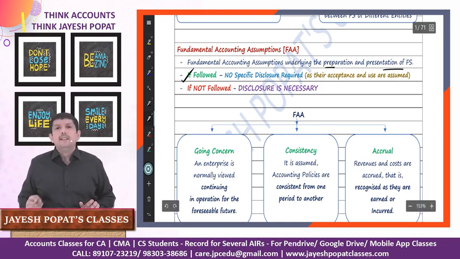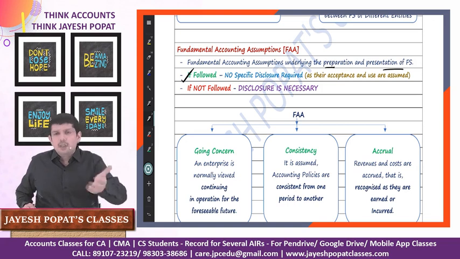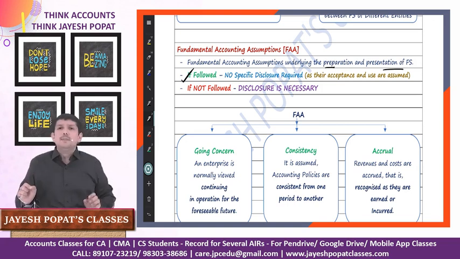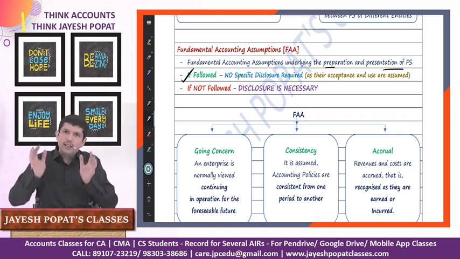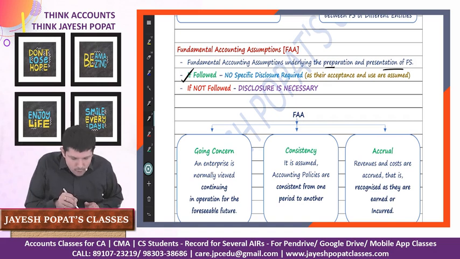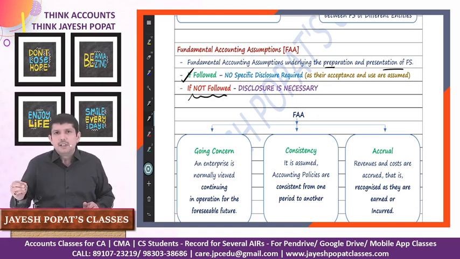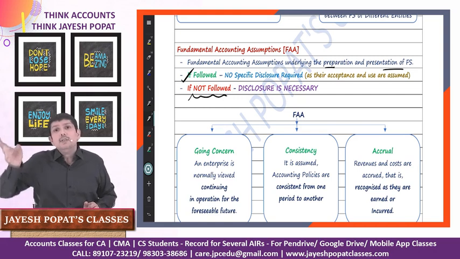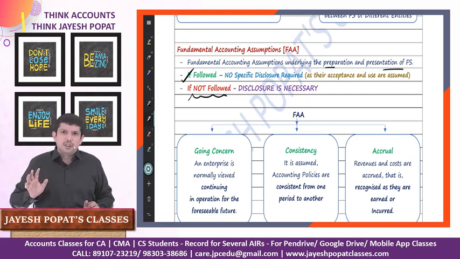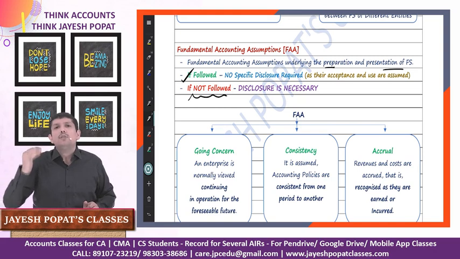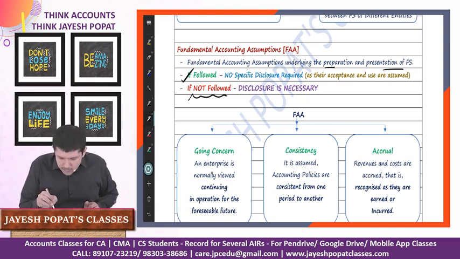This is mandatory, you need to follow it. So if you are following these fundamental accounting assumptions, you don't need to give a specific disclosure of the fact that you have followed these principles. But if you have not followed these fundamental accounting assumptions in preparation and presentation of your financial statement, then you need to make a specific disclosure that we have departed, we have not followed these fundamental accounting assumptions.